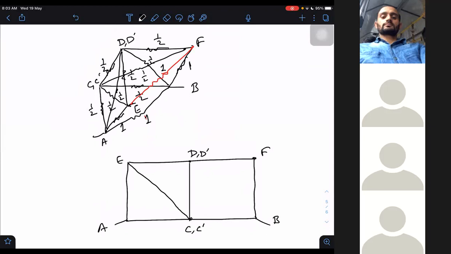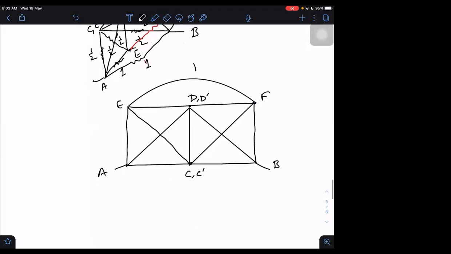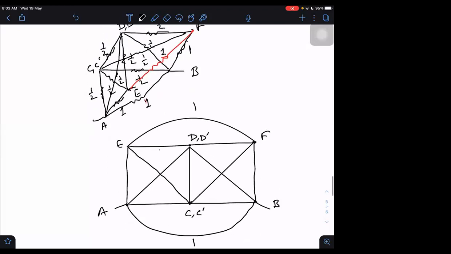How many are there between E and C, C dash? 1 by 2. Between A and D, D dash, these all are 1 by 2, except A to F it is 1, and between A to B it is also 1. Remaining all are, I think, 1 by 2 only.